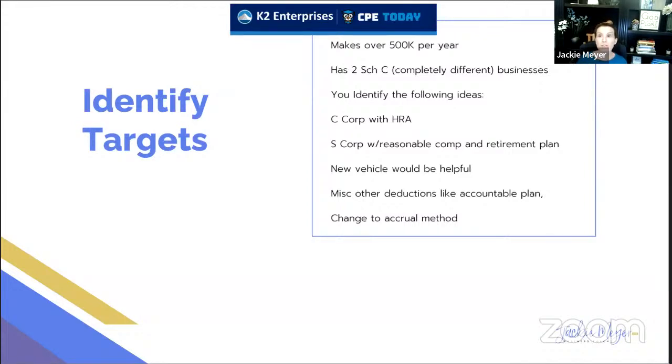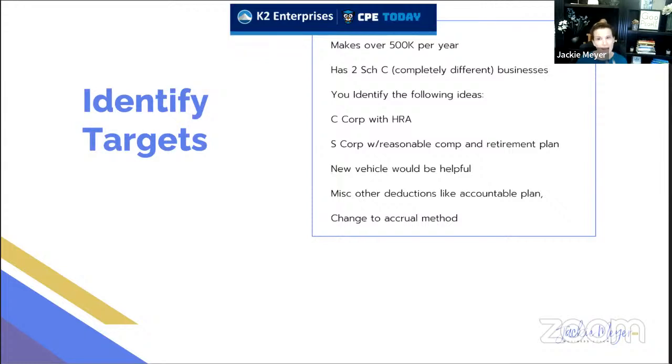They're close to the top tax bracket. They're making over $500,000 a year, yet somehow they're still filing 2 Schedule Cs for 2 separate businesses. You identify some ideas. Hey, this one entity should be a C Corp, and this other entity should be an S Corp. And there's some other pretty big hitter miscellaneous business deductions that you could do too.